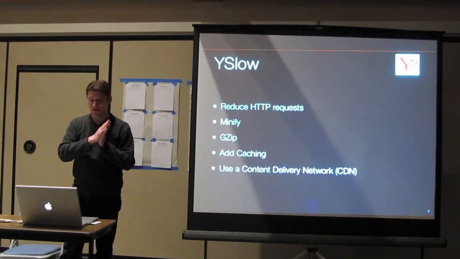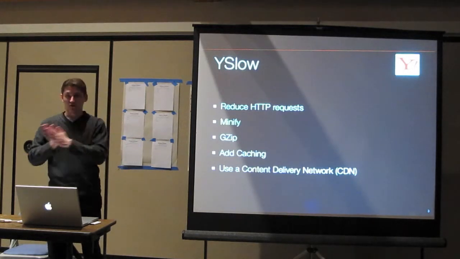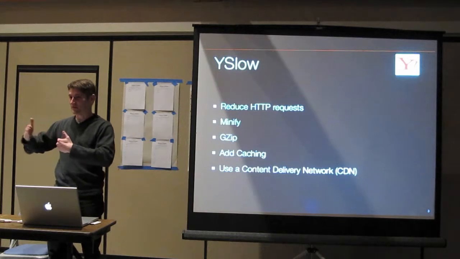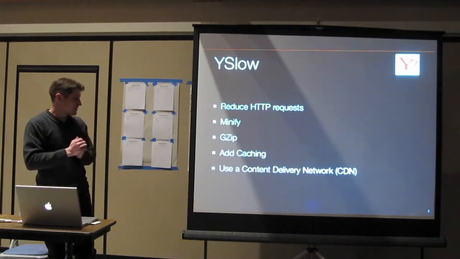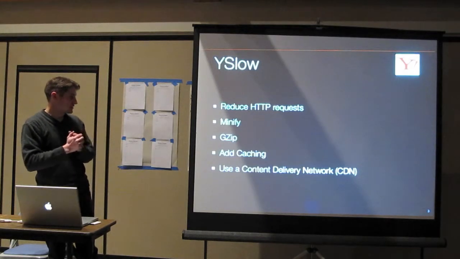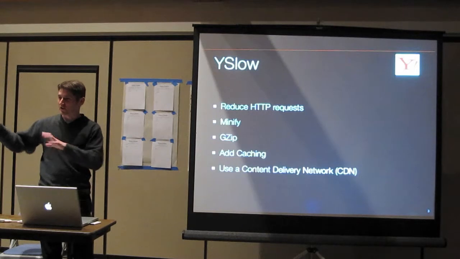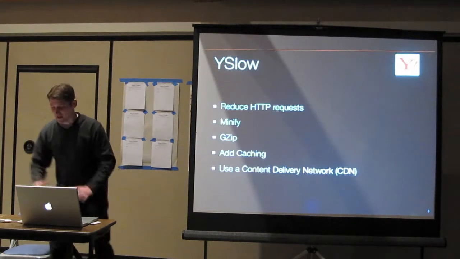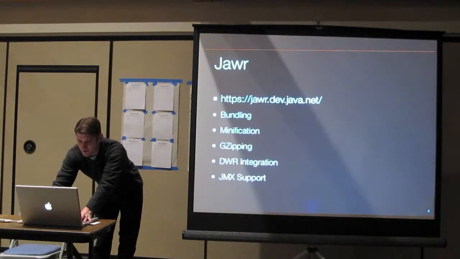Further, you can add caching, or also for images, deliver your sources closer to geographic locations, so content delivery networks. I think Google, for example, allows you to use standard libraries they provide through their content delivery network.